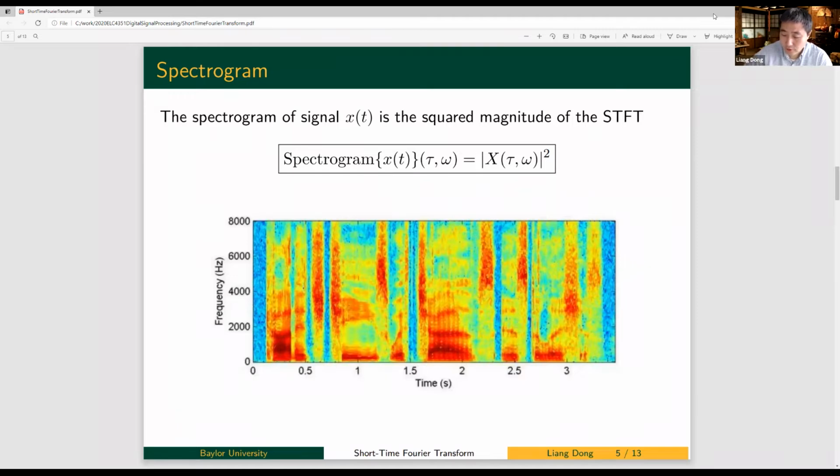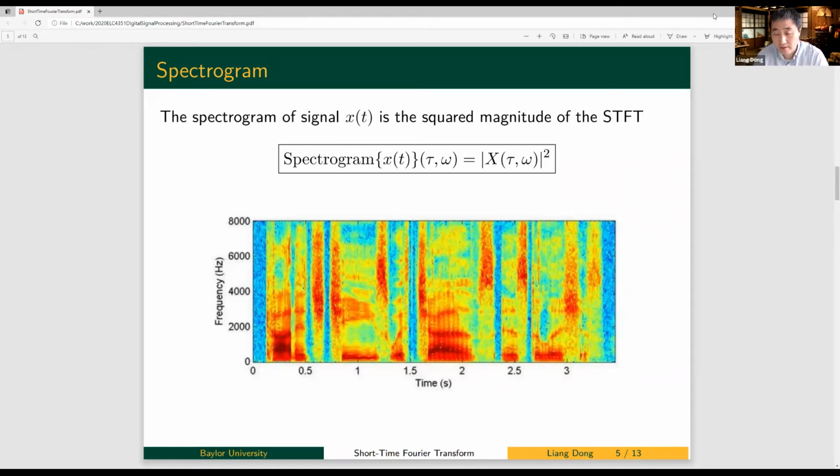The output of the short-time Fourier transform, if I only take the absolute value squared, which means we only take the amplitude squared, we neglect the phase term. Now for the short-time Fourier transform, the output will be a complex number. X is a complex number, so it has both amplitude and phase. If we neglect the phase and only take the amplitude, we call that a spectrogram.